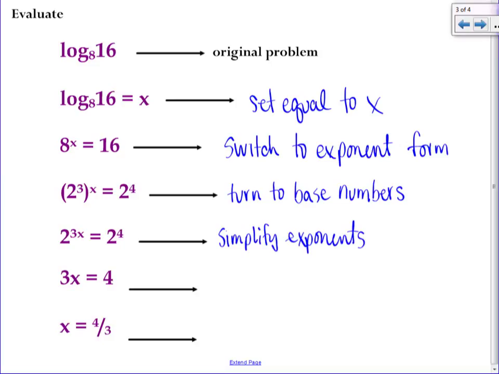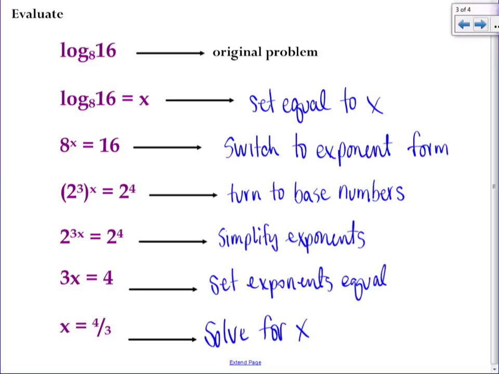What did we do here? We dropped the base numbers, or we could say set exponents equal. And then solve for x. So this is what we're going to practice on the next page. Are these steps right here? You ready?